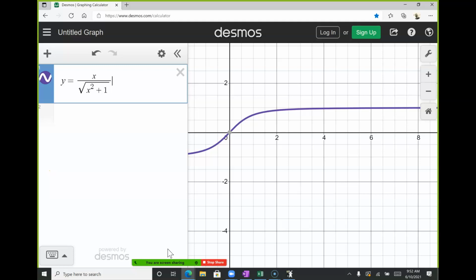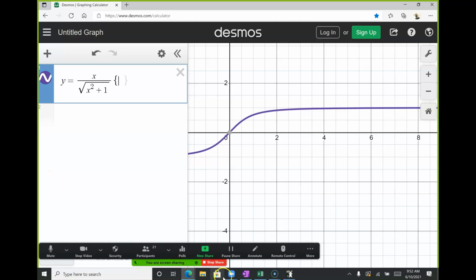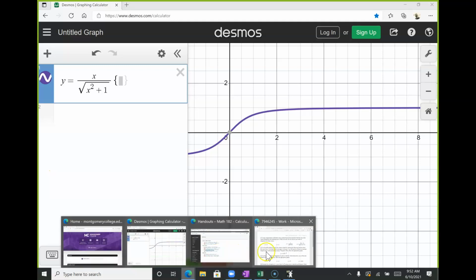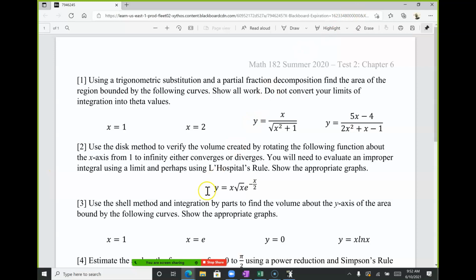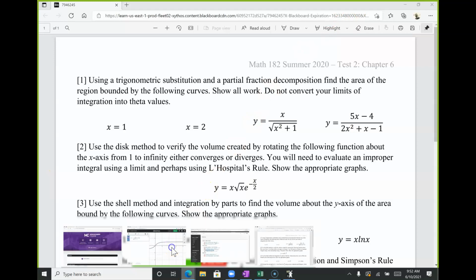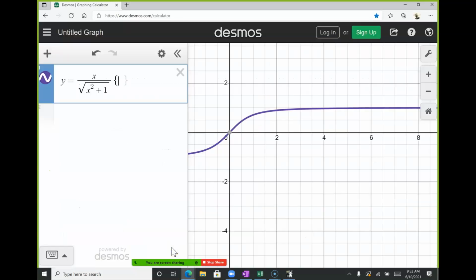And I can restrict the domain, from 1 to 2. I don't have to do this domain thing. I just really have to know which one is above.